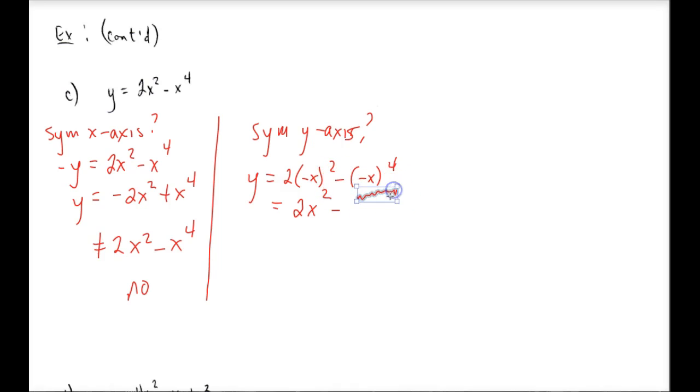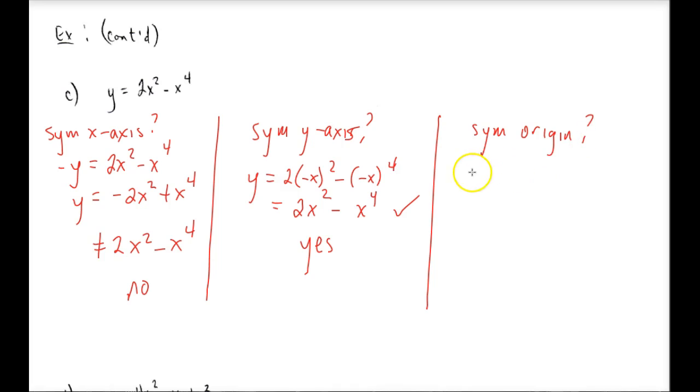So in seeing that, we know that negative x quantity to the fourth is just going to be that. And now, if we look here, that's the same exact thing as what we started with. So just as we were thinking, we saw that this was symmetric about the y-axis. And so just for show, we'll show that this is not symmetric about the origin by changing both the y's and the x's.